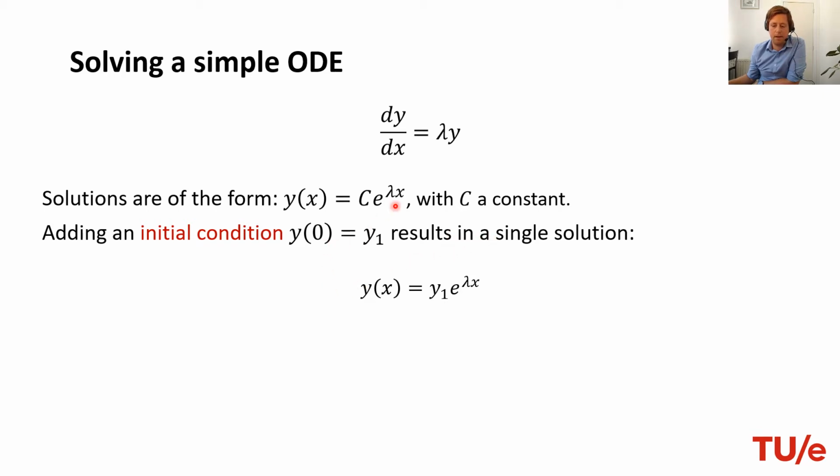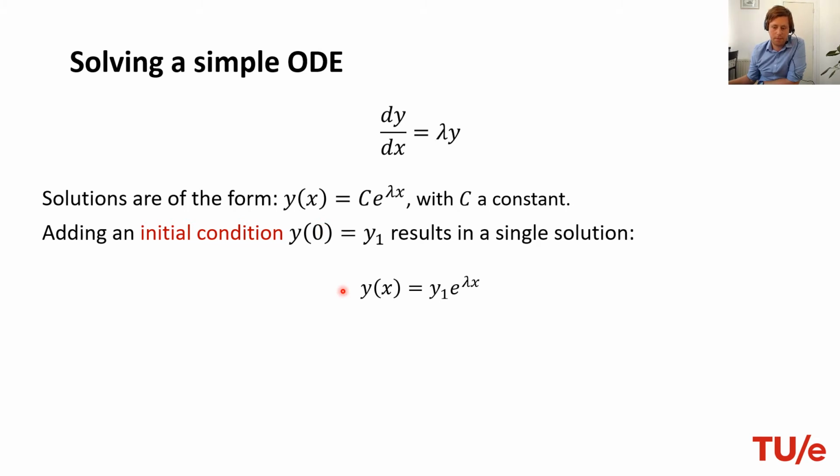If you plug in x is 0, this exponential becomes 1. So we have y of 0 is equal to c. So c has to be equal to y subscript 1. So adding one initial condition to this first order ordinary differential equation results in a single solution function.